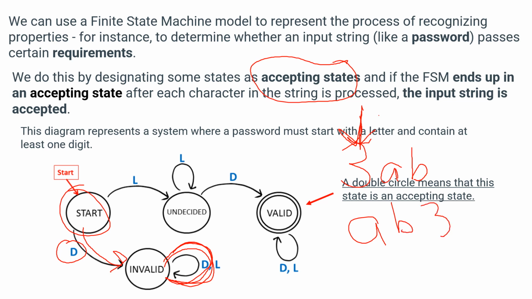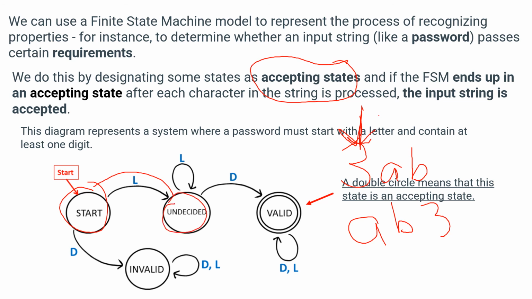But let's say I put AB3. Let's see what happens there. Let me see if I can erase this here. Okay, with AB3, I start out here and put in a letter. That's not accepted as a great password yet because it's still waiting to find out if I'm going to put a digit in, because remember, we have to have at least one digit. So it stays at undecided.